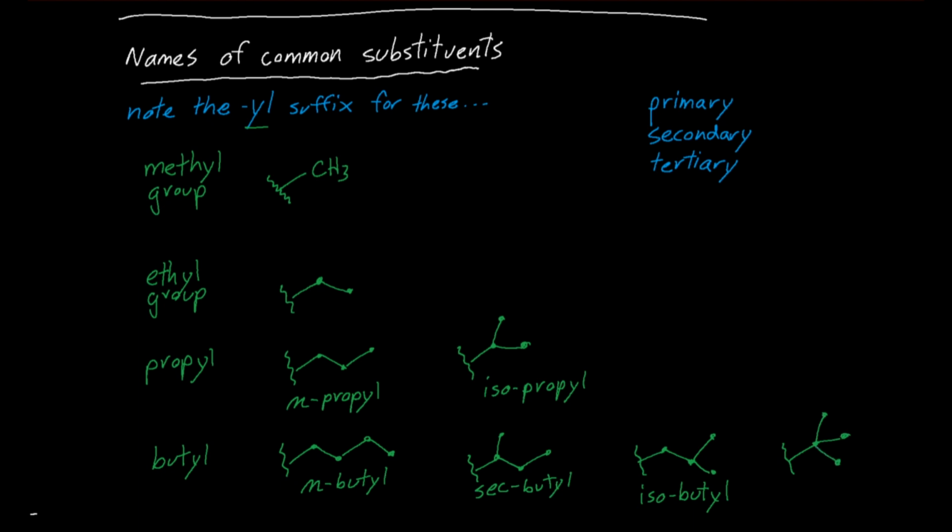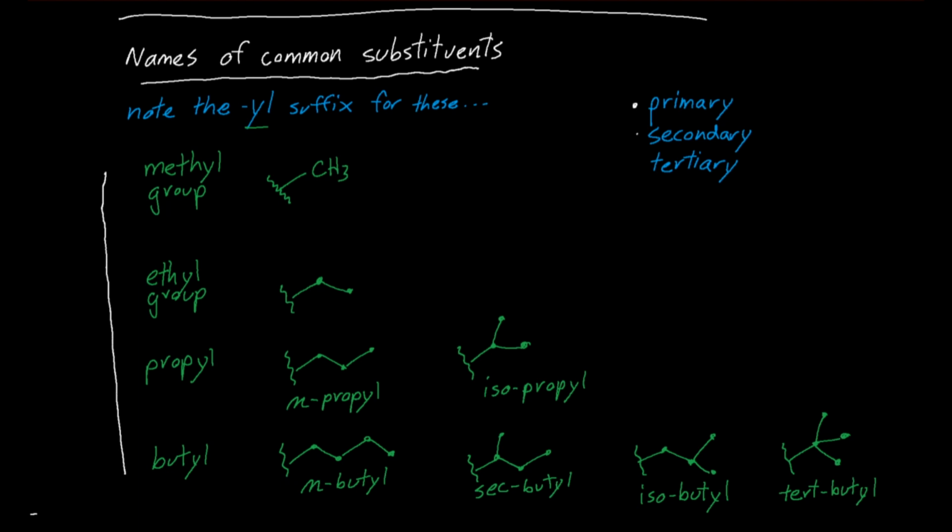I'm putting these dots there, but that's not really standard practice. I'm just doing it to emphasize in this case. So tertiary butyl or tert-butyl. And then there's pentyls. There's all kinds of pentyls. Let's stay with these as what you're responsible for.